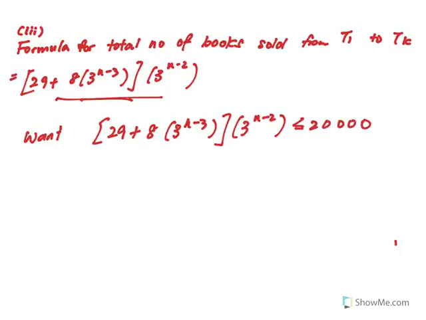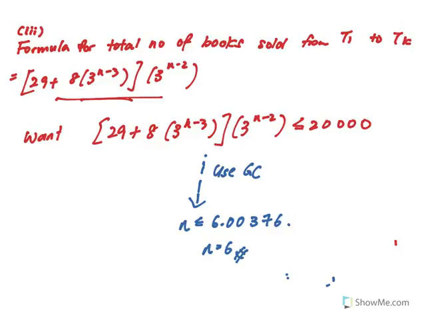For this question, it's not too difficult, just use your GC. Key in the function on the left, key in the function on the right, find the intersection point. You can see that the intersection is actually n equals 6.00376.